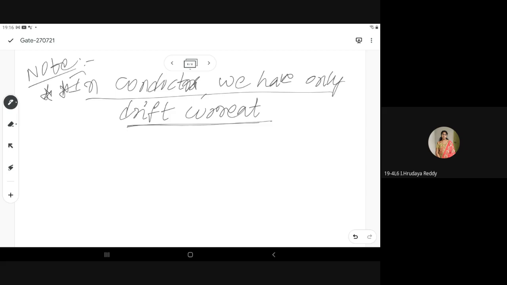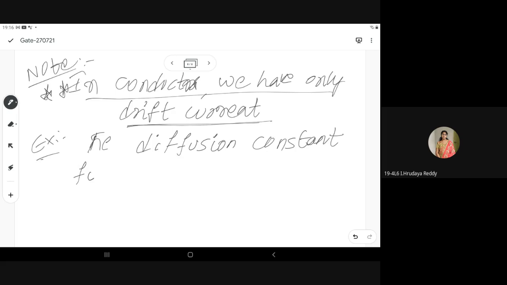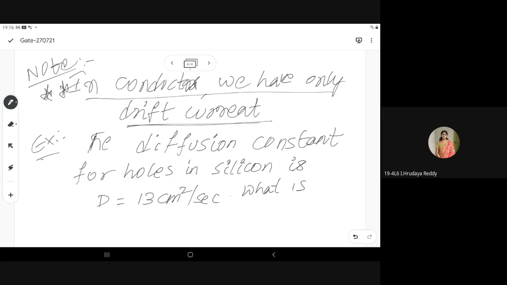Fine. On this we will solve some problems on drift and diffusion currents. This is a previous GATE question. The diffusion constant for holes in silicon is D = 13 cm² per second.